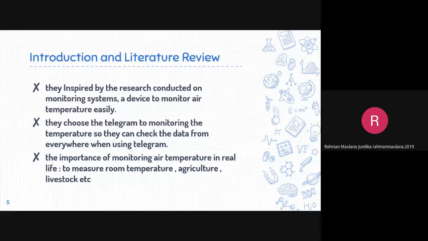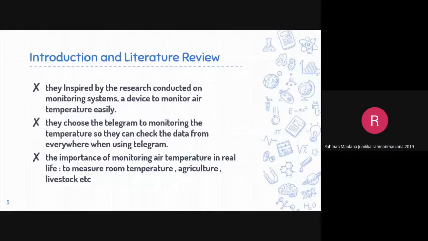The importance of monitoring air temperature in real life: to measure room temperature; agriculture, like measuring the temperature for plants such as mushrooms; livestock, like measuring temperature for fish, chickens, and so on. Next.